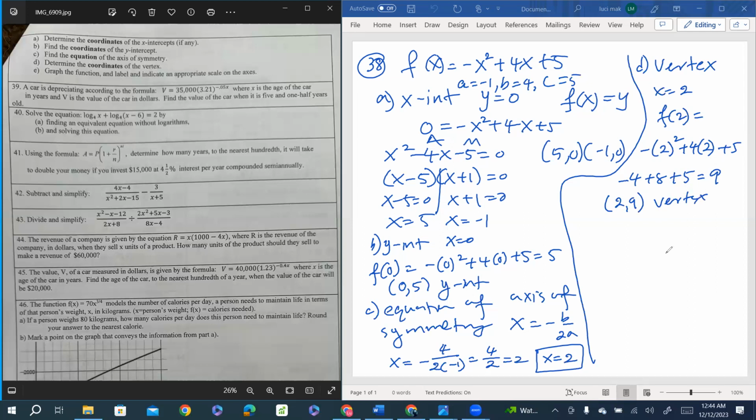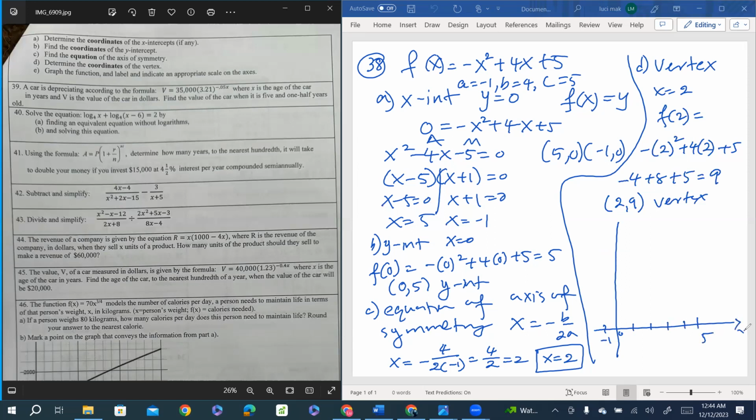So we have to graph this. Let me see if I can manage this. 5, 0, negative 1, 0, 0, 5. We have to go all the way up to positive 9. So let me do it like here. We have negative 1 here, 0 here, 1, 2, 3, 4, maybe up to 5 here.